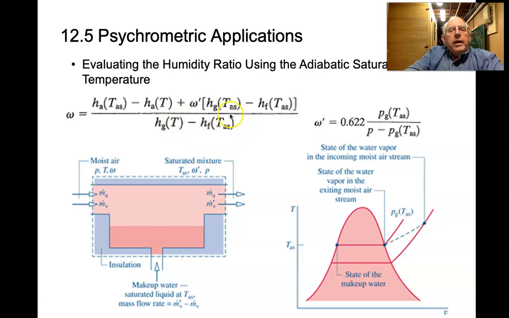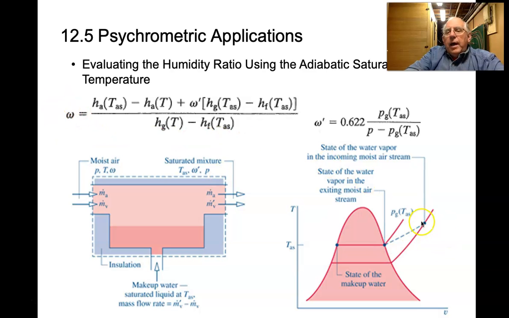And then this term right here is the difference between the enthalpy of the gas coming in, that is the vapor enthalpy, and this is the difference of the enthalpy at the temperature of the adiabatic saturation process. And so this equation here we'll see a little bit further when we go into the first law for a system like this.